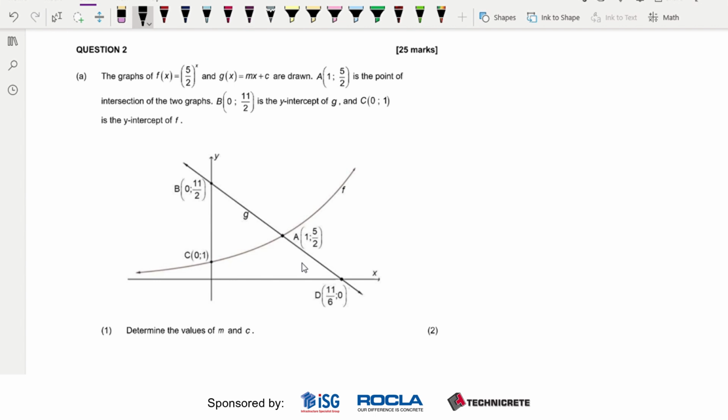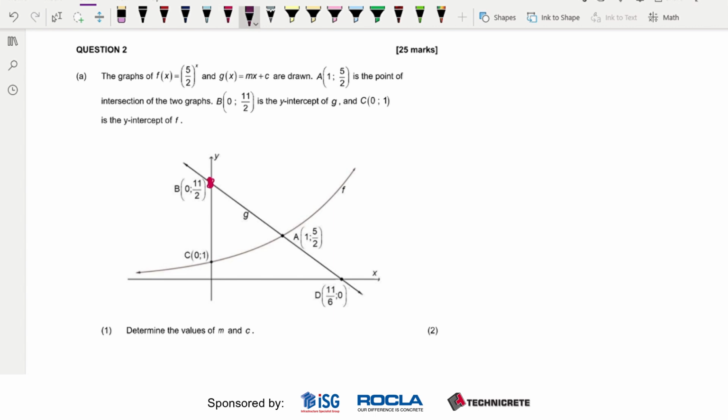Point B, (0, 11/2), is the y-intercept of g, and C, (0, 1), is the y-intercept of f. All of this information is in our graphs, and maybe we can just highlight it. Let's make this point pink.